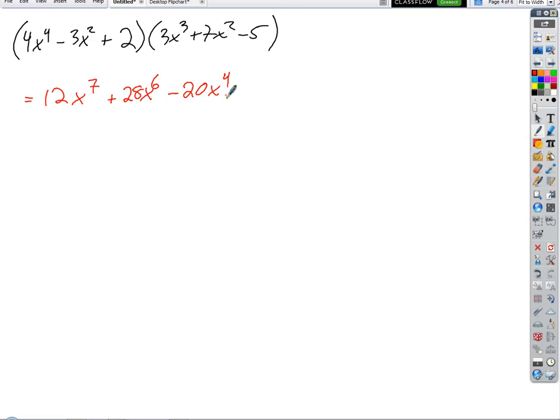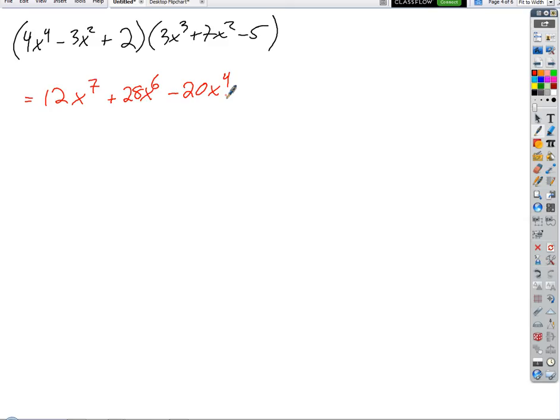X to what power? Oh, sorry, 9, my fault. 9, it's 9x to the what? To the 5th, what's wrong? There's no 5th, so what should I always do when I'm using vertical multiplication? I have to leave a column for each power of x, even if it doesn't show up the first time through, right? That's really important to do.